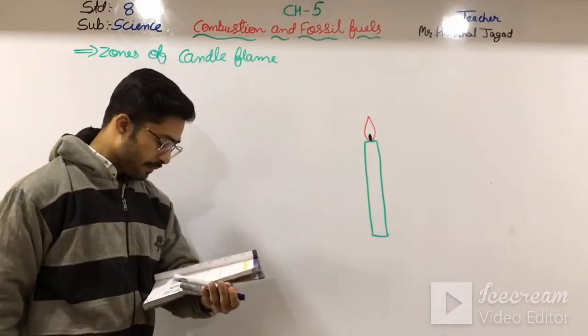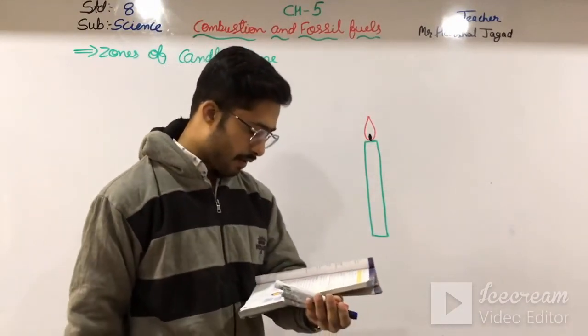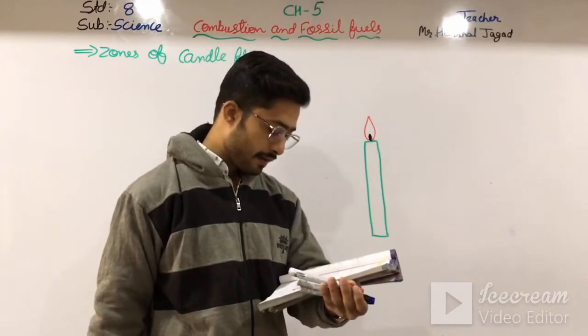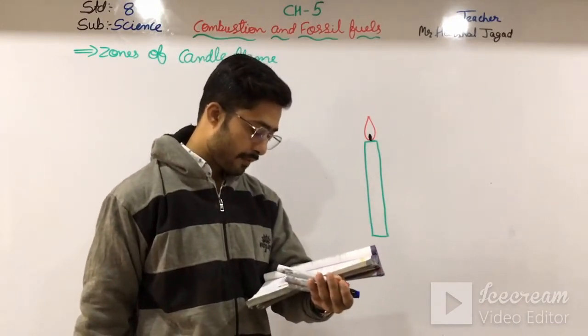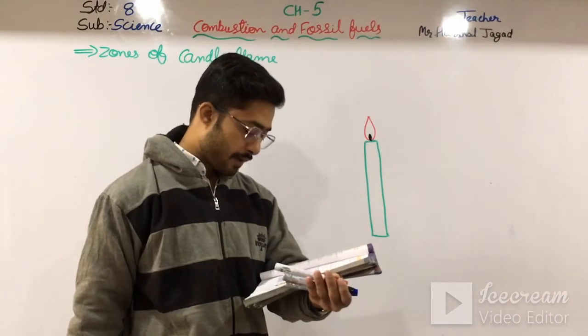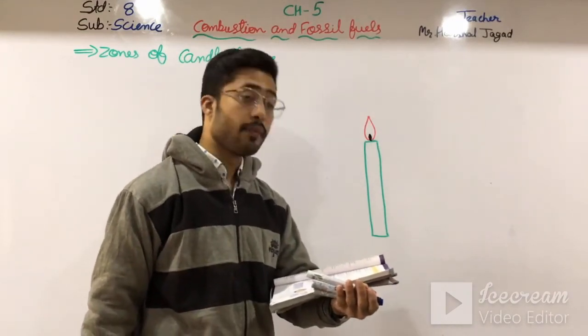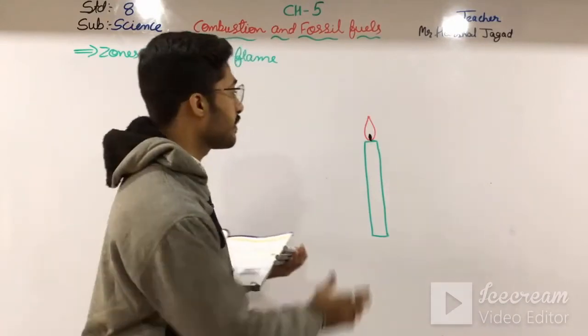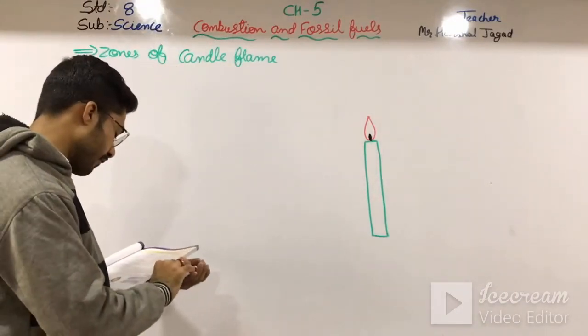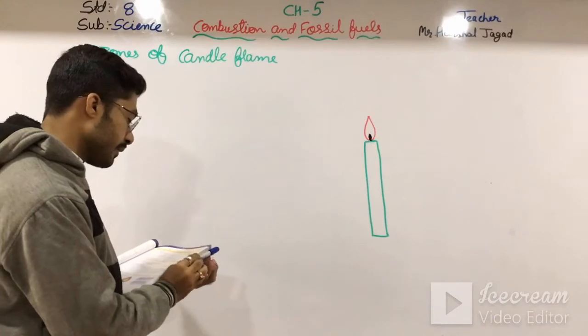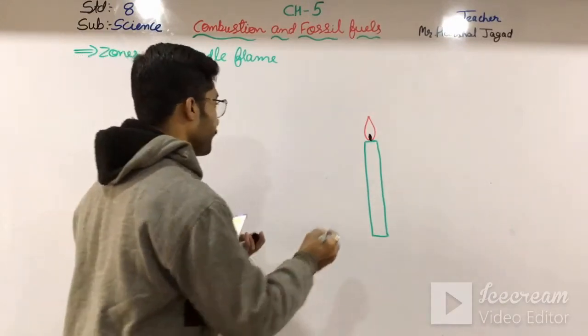The middle zone is less hot than the outer zone. Here, incomplete combustion of wax vapors produces carbon particles and carbon monoxide. This zone emits the most light.